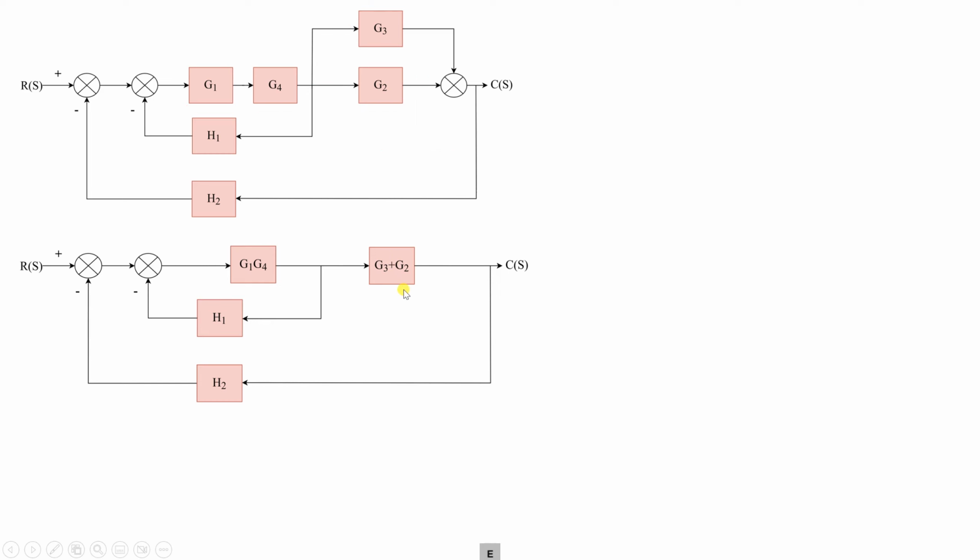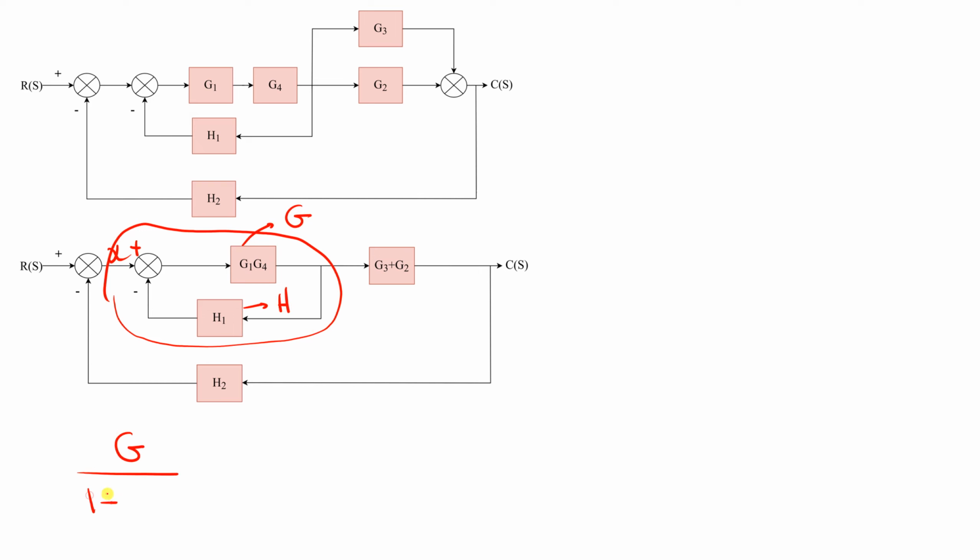Nice. What can you do next? We can take, you can see that we have an input here, let's call it X, for example, plus, and you can see this part only. We have a negative feedback where this part is G and this part is our H. So their equivalent will be G over 1 plus GH.